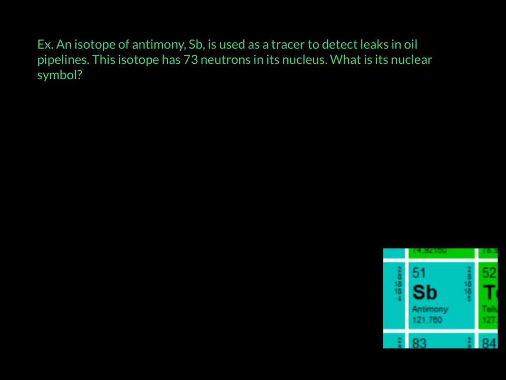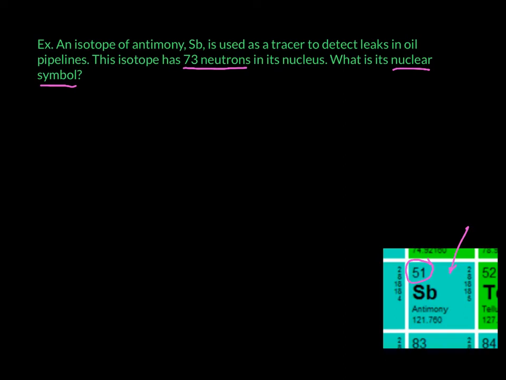So a few little examples here. An isotope of antimony, which is Sb, is used as a tracer to detect leaks in oil pipelines. Now, you don't have to memorize that. I'm just trying to make it sound a little more interesting. This isotope has 73 neutrons in its nucleus. What's its nuclear symbol? That's what we just learned to write. So we find antimony on the periodic table and we see that it's number 51.